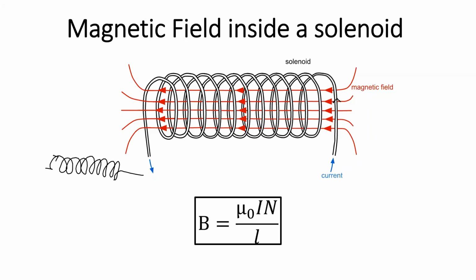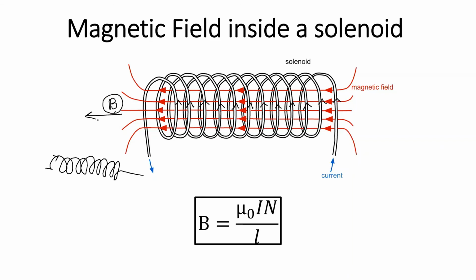According to this diagram, your current is going like this. These parts of the loops have current this way. If I apply the right hand rule, my fingers point along the current and my thumb gives me the magnetic field. So this is your B field, going this way.